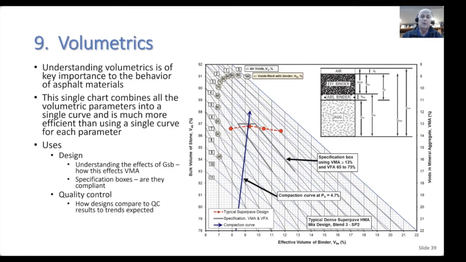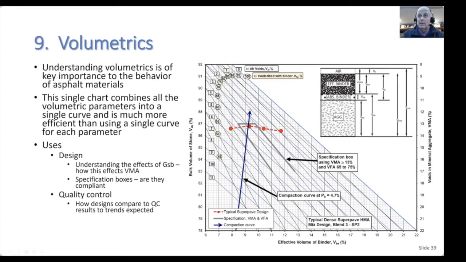And I'm going to show you this example. This is the compaction curve that I showed in that earlier slide. This is the same graphic from the Asphalt Institute data set. And you can see that, as the material compacts in a gyratory compactor, it will go along a line like this. So we are going to get scatter in our results.